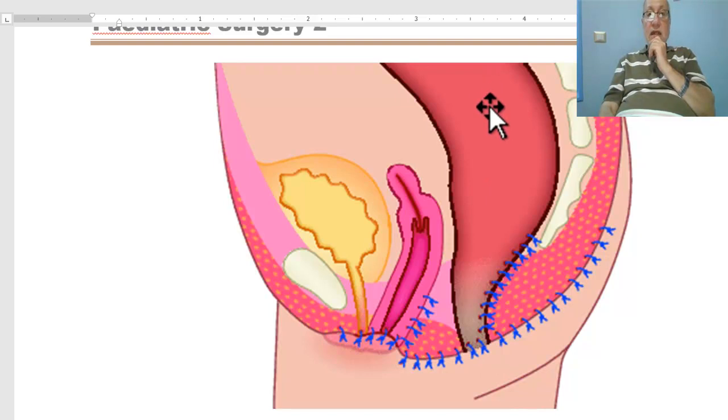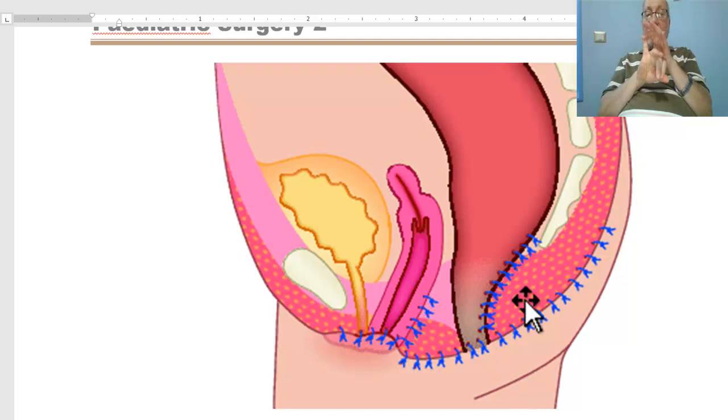Dissect the rectal pouch and pull through the defect to open this rectal pouch in the correct site of the anus. Then reconstruction of the sphincter, and after 2 to 3 months closure of the colostomy.